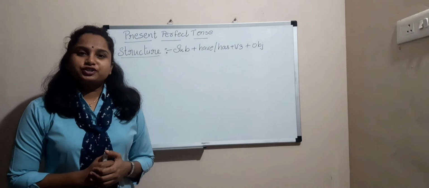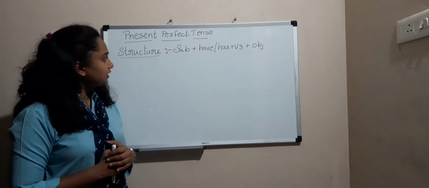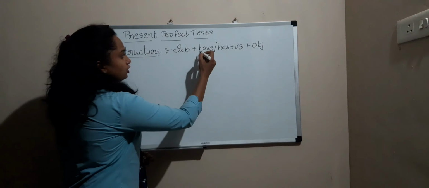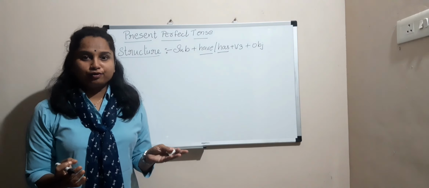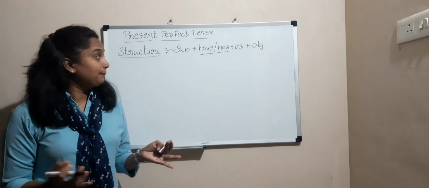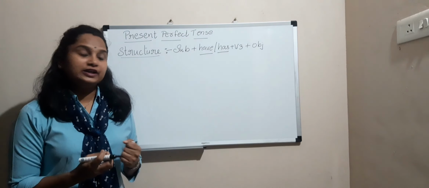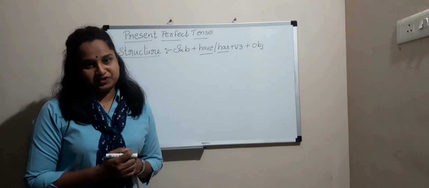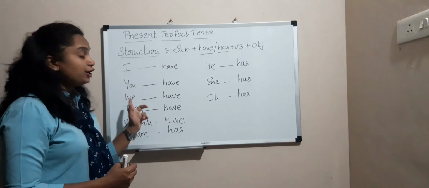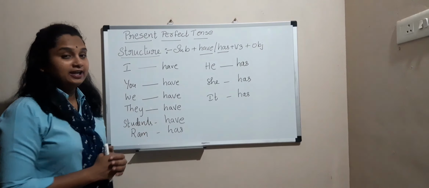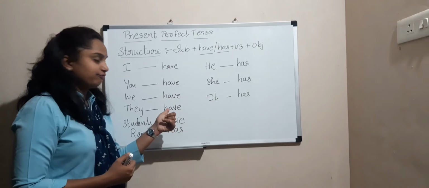Let's look at the structure of present perfect tense. Subject, helping verbs have or has depending on the pronoun, verb form 3, V3 and object. For pronouns I, you, we, they, we use helping verb have.